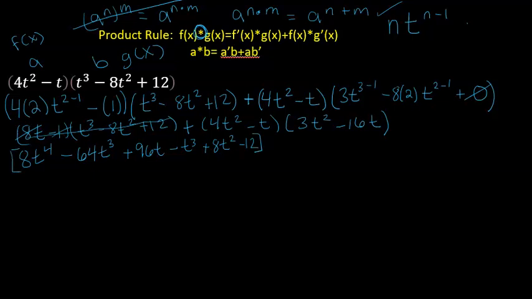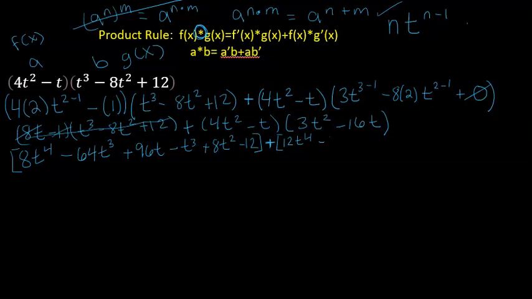That is my first guy. I'm going to do a plus sign, and I'm going to do the other part. I have positive 4t to the second times 3t to the second. Great, so that's going to be 12t to the fourth power.